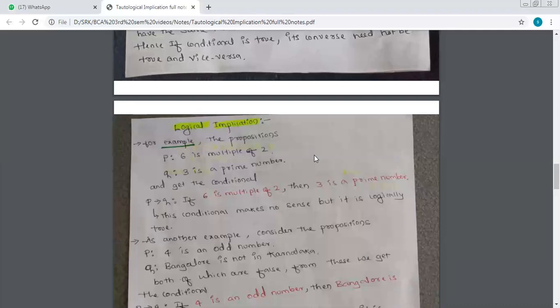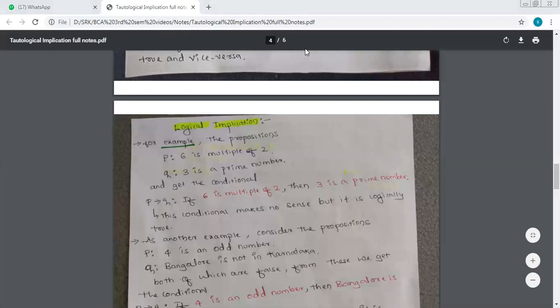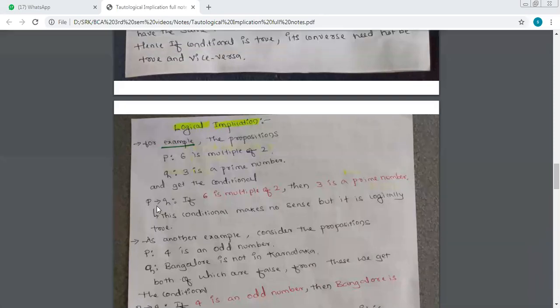Okay, 3 is a prime number, and 6 is a multiple of 2. So the P sentence talks about multiples and the Q sentence about a prime number. There is no relationship between the two sentences, yet we combine both using the conditional. Remember, in logic there need not be any relationship between the two sentences. As we already saw in compound statements, we combine primary sentences even without a relationship, and it is still logically true.